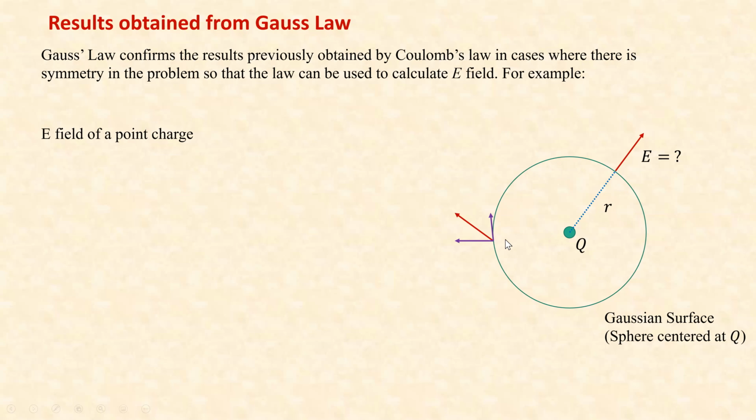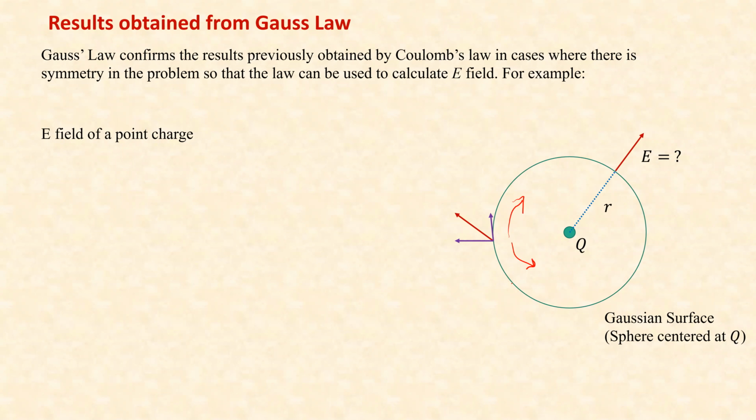One is radial, one is azimuthal or tangent to the sphere at this point. And this azimuthal or tangent component breaks the symmetry because, what is the preference? Why should there be a component of electric field in this way, not in this way?